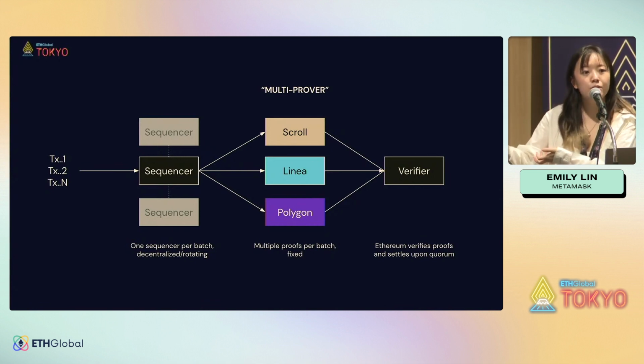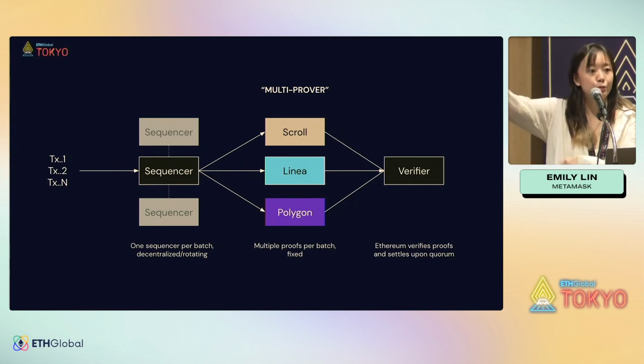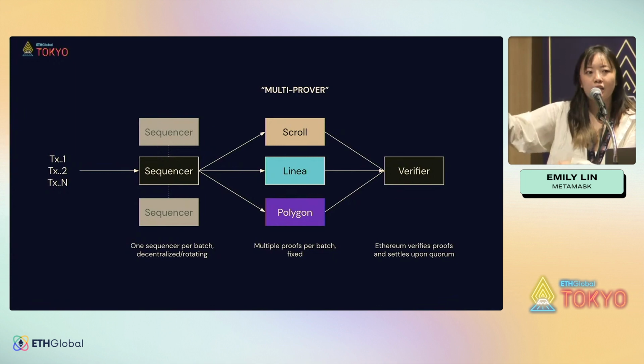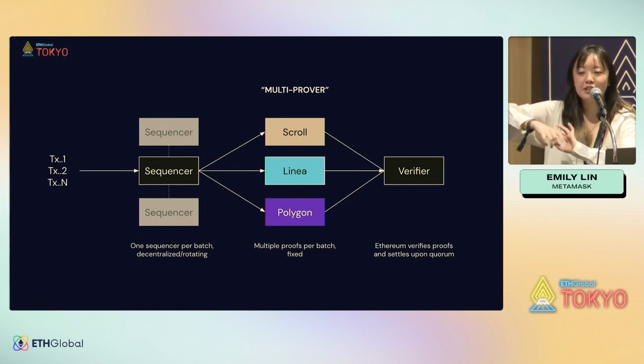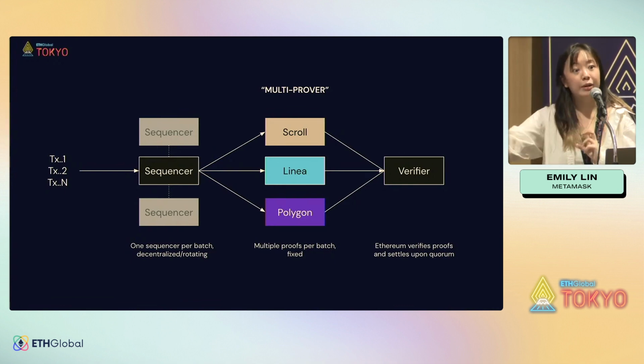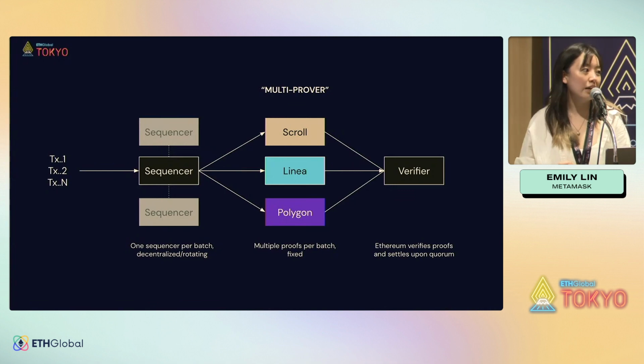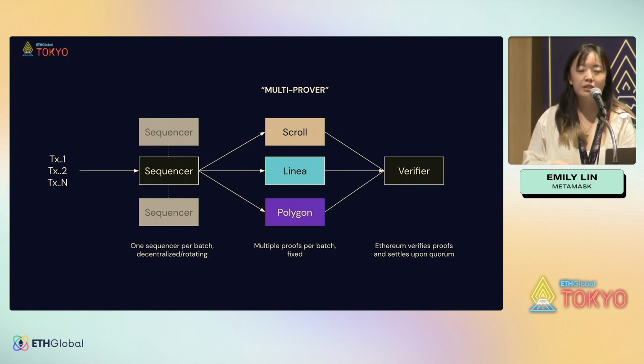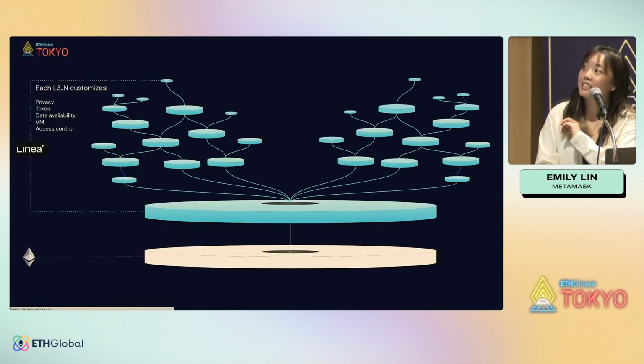So the multi-prover approach is that we send it to multiple provers. Scroll, Linea, Polygon are people we're talking to. If there is a consensus that this is true, we've verified it in three different ways. That is a lot more secure than if Linea was the only L2 that existed in the space. So this is what I mean when I say we're competitors, but it's very important that we collaborate. That's kind of the future.